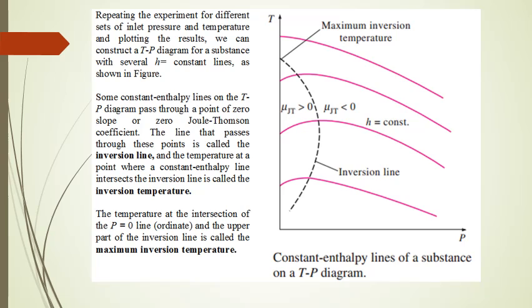The line that passes through these points is called the inversion line, and the temperature at a point where constant enthalpy lines intersect the inversion line is called the inversion temperature. The temperature at the intersection of the P equals 0 line, that is on the ordinate, the y-axis, and the upper part of the inversion line is called the maximum inversion temperature.